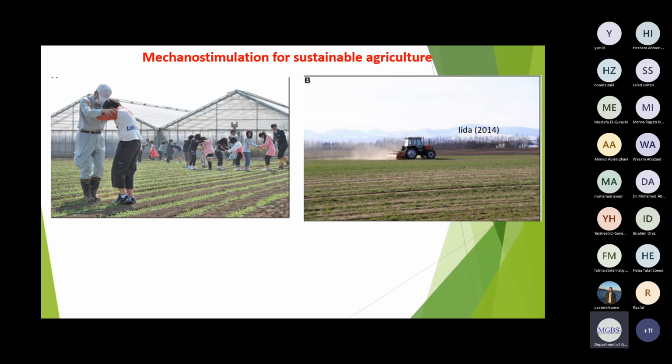So I would like to present this interesting practice that, a long time ago in Japan, they used to improve winter wheat. After sowing wheat in November, when the plants were 3 weeks old, they started stepping on the plants.